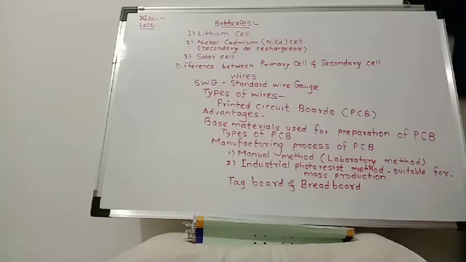Then the open circuit output voltage of lithium sulfur dioxide cell is 2.9 volt to 3.7 volt.